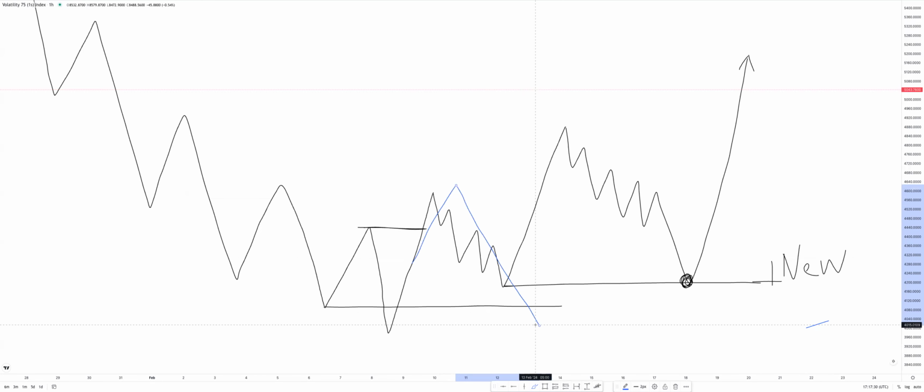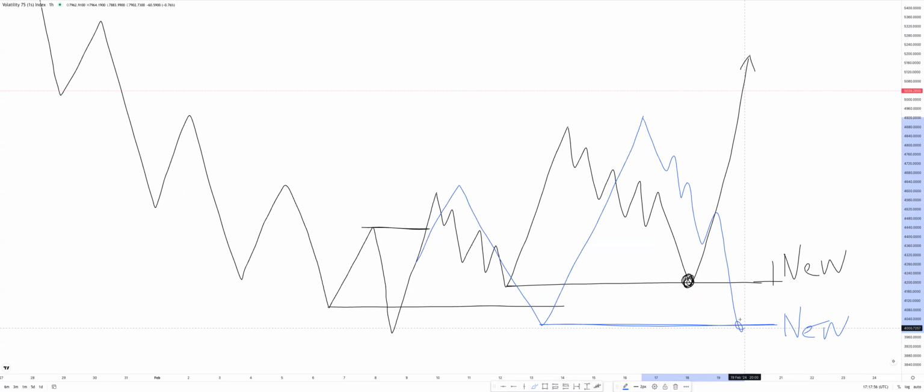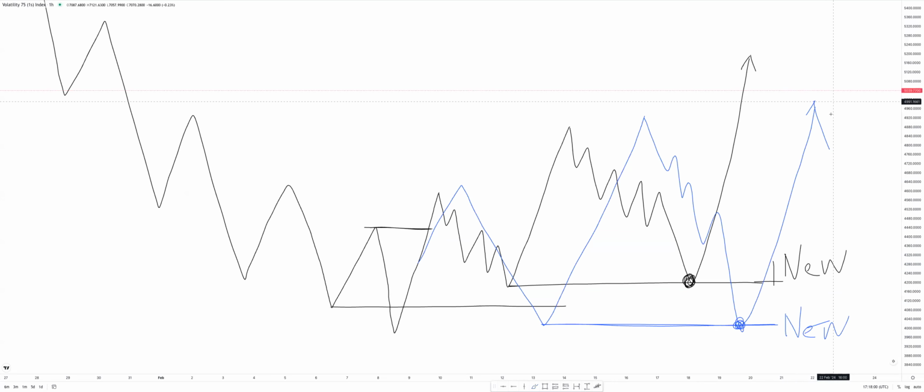What I'm trying to say is that price may disrespect our invalidation point, then proceed to create some highs. That means this structure right here will be our new invalidation, whereby price has a possibility to respect it so that we can proceed creating more highs. So that's our second example.